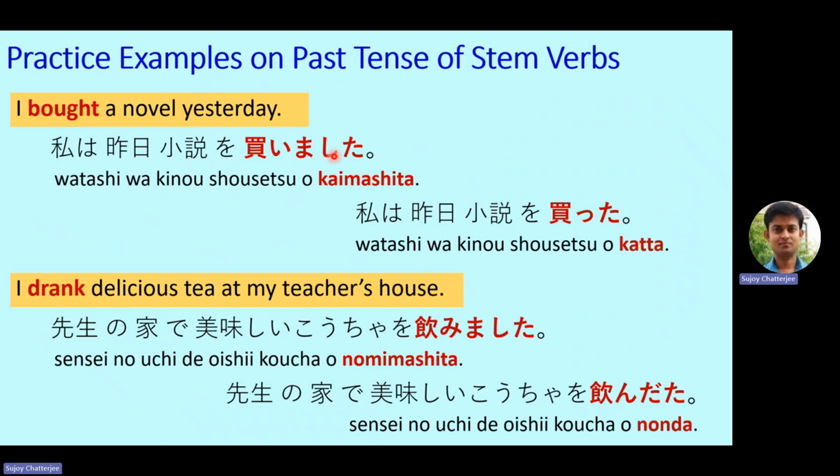This is again a group 1 verb, and this is a clear-cut exception, because it doesn't become notta or something like that, but it becomes nonda. Sensei no uchi de oishii ocha o nomimashita is the formal sentence. Sensei no uchi de oishii ocha o nonda is an informal sentence, because we are using the plain form of the verb nomu. So nomu, nomimasu, nomimashita, nomu, nonda.